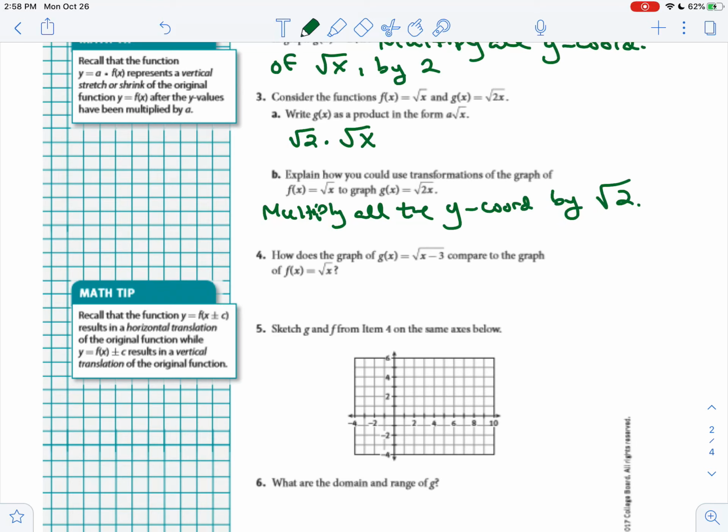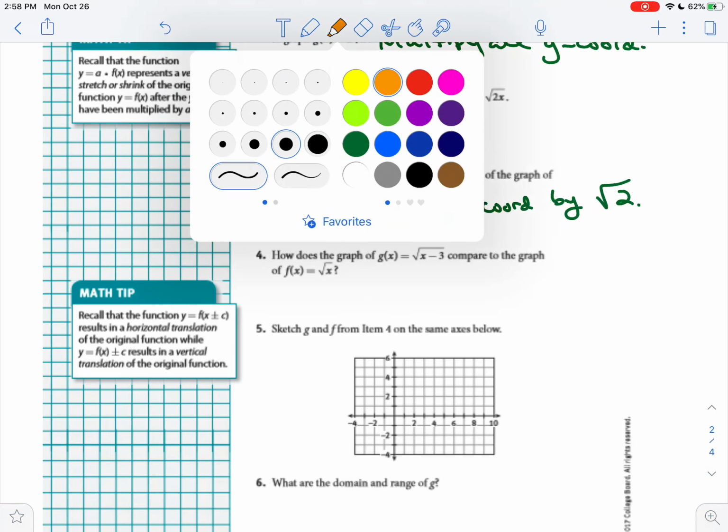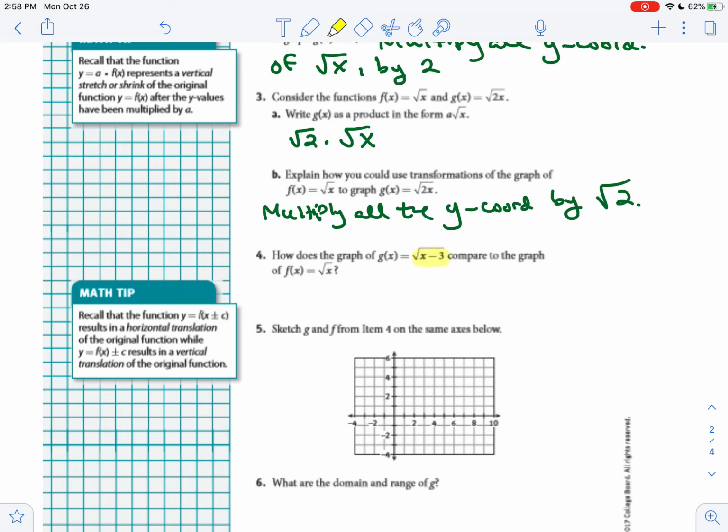All right, so let's look at how the graph of g of x, the square root of x minus 3, differs from the graph of square root of x. Here you want to think about when you're inside a quantity, that we always have a horizontal shift or a horizontal translation.